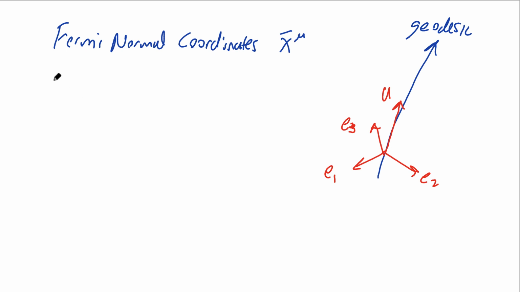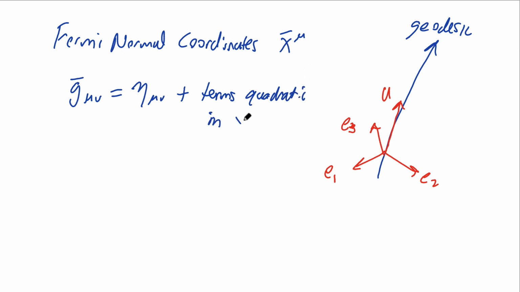So in these coordinates, the metric has the form of the flat space-time metric plus terms that are quadratic in the spatial x's. Call those x bar i's. Now, it was quite a few lectures ago, but we actually worked out explicitly the relationship between the generic space-time coordinates and the Fermi normal coordinates.